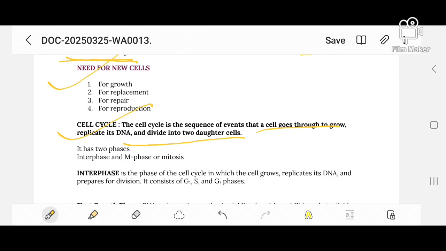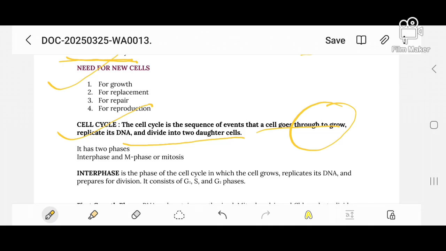Cell cycle. The cell cycle is a sequence of events that a cell goes through to grow, replicate its DNA, and divide into daughters.